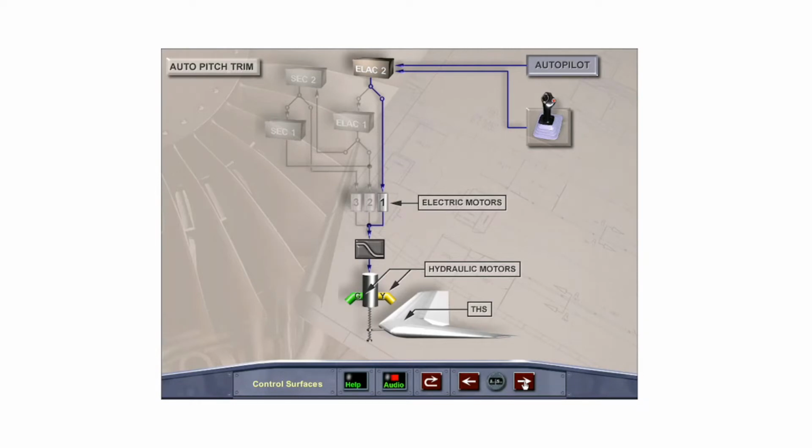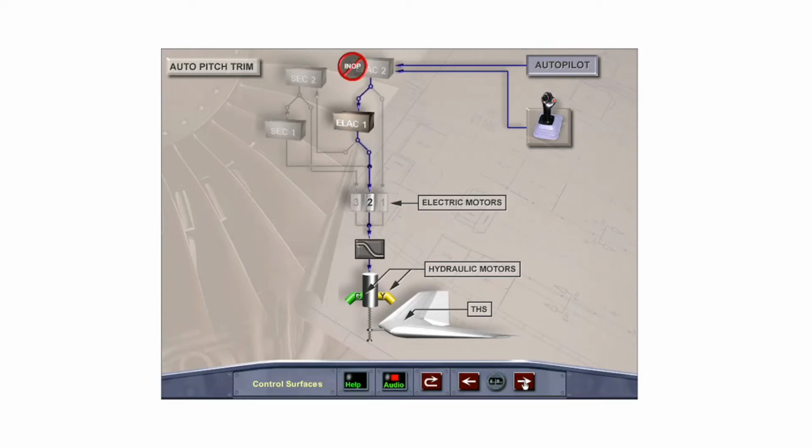For pitch trim, the aircraft is equipped with a trimmable horizontal stabilizer or THS. The THS is driven by 2 hydraulic motors, one powered by the green hydraulic system, the other by the yellow hydraulic system. For the auto pitch trim system, the hydraulic motors are driven by one of 3 electric motors, with the other 2 in standby. Normally, ELAC 2 controls motor number 1.